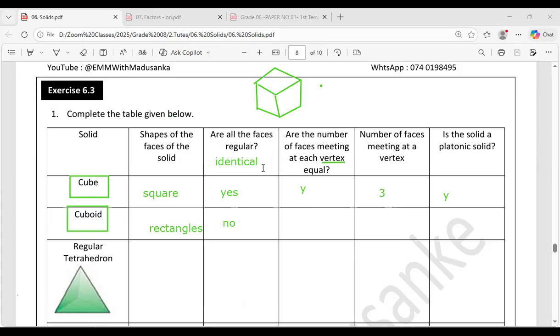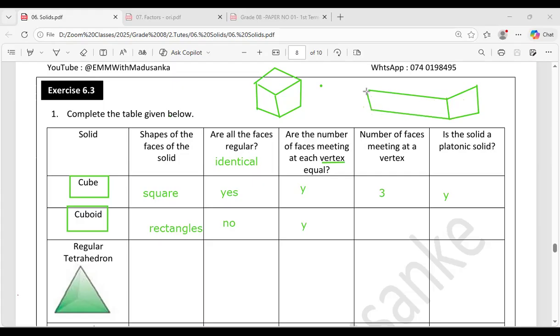Are the number of faces meeting at each and every vertex equal? It should be yes. Why is that? It is very similar to a cube. This is my rectangle.